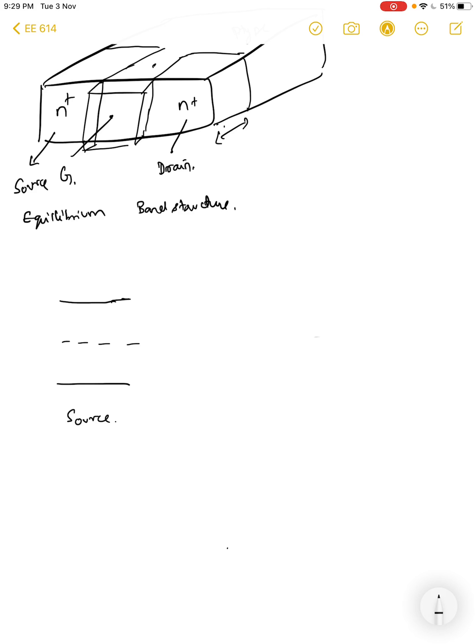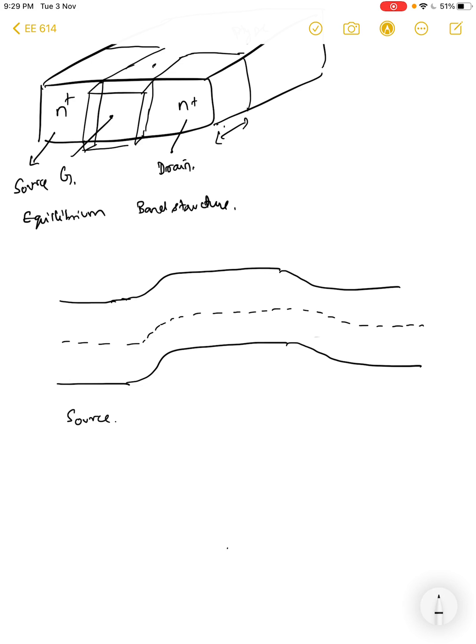So you have a PN junction, so you have a slight raise as we can expect, and we have another N type here. The device looks beautifully symmetric. We have a source, we have a channel region which is right below the gate, and we have a drain region.